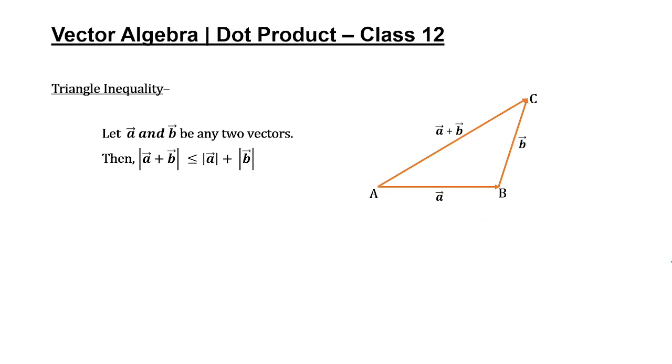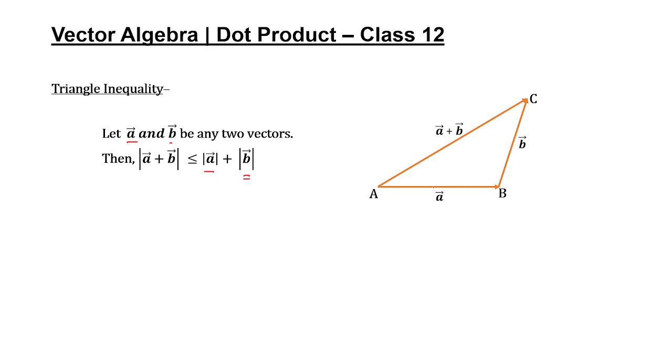Next is triangle inequality. If A and B are two vectors, then modulus of A plus B is always less than or equal to modulus of A plus modulus of B. Then how to prove it?